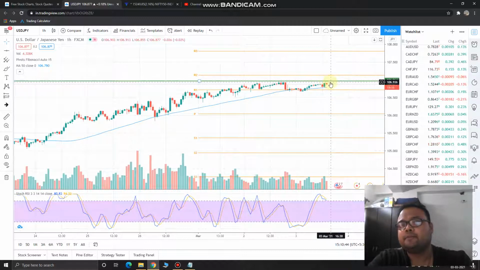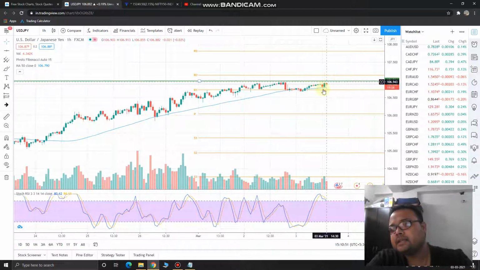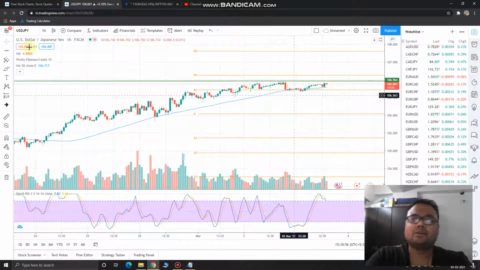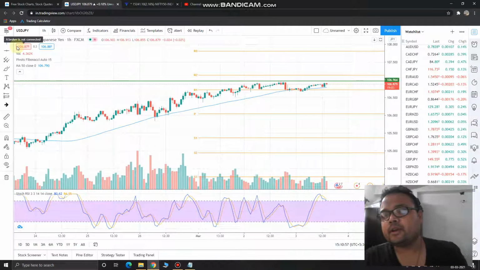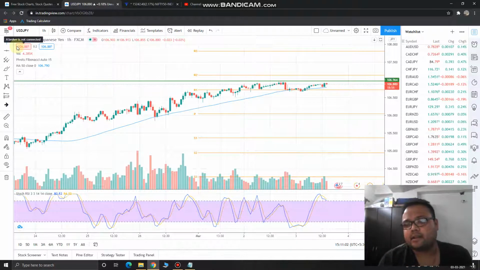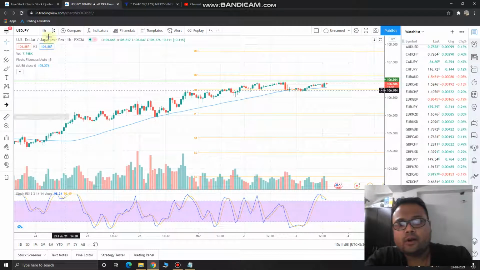Initiate a buy position here, because in that case in the 1 hour time frame we are getting our area of value. In this trade our risk to reward ratio matches, but in the 4 hours time frame it was kind of tricky. The market was not coming down to the 4 hours time frame, and it was not matching with the area of value. So we can switch to the 1 hour time frame.